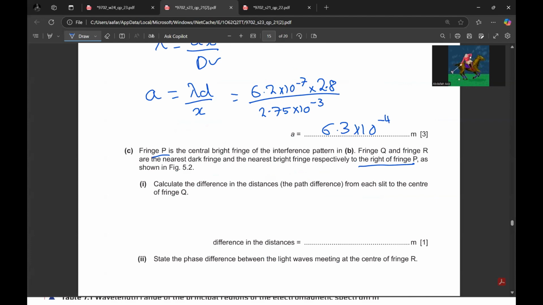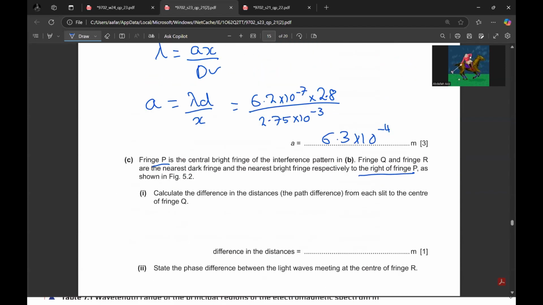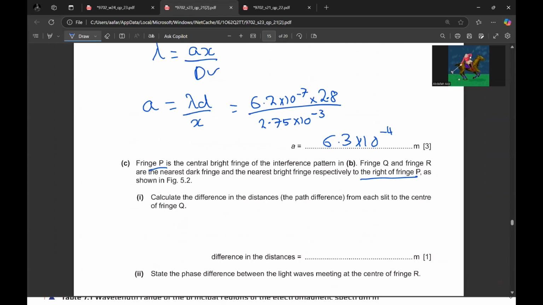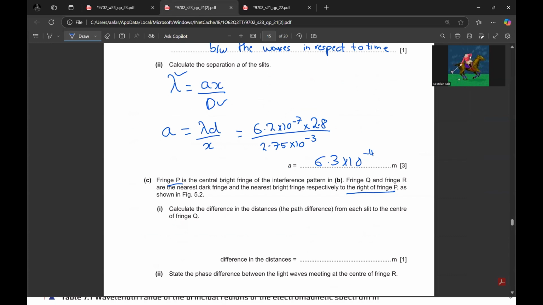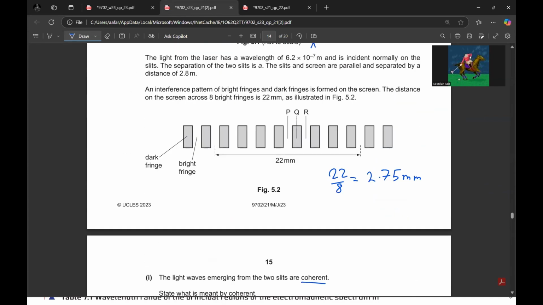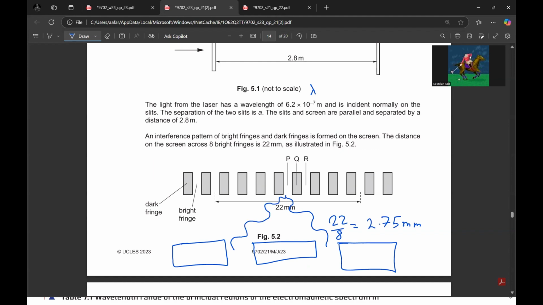Calculate the difference in the distances from each slit to the center of fringe Q. So basically, they've asked us to calculate the path difference at Q. So let's say this is P. If let's say these are the two slits, if the wave goes from over here, they both meet at the same point.